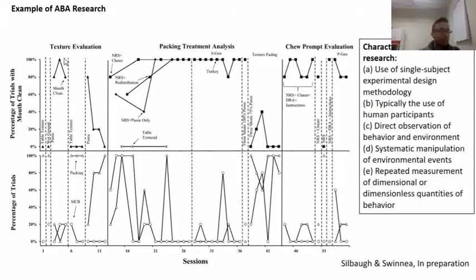First, I conducted a texture evaluation to examine the effects of the texture of the turkey on the percentage of trials with mouth clean. And then I conducted a packing treatment analysis in which I compared multiple treatment components that had been described in the scientific literature as effective for treating, or let's say reducing packing, but which had not been compared in a single study before.